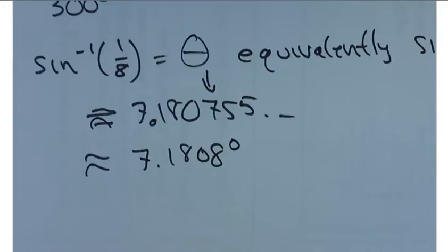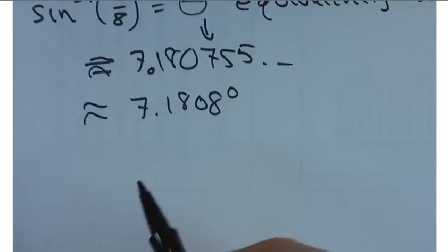Okay, so since this one does not have any restrictions, we don't have to use radians. If there is a restriction, I'll be clear about where I want this in degrees or radians. So that would just be my answer. That's in degrees.